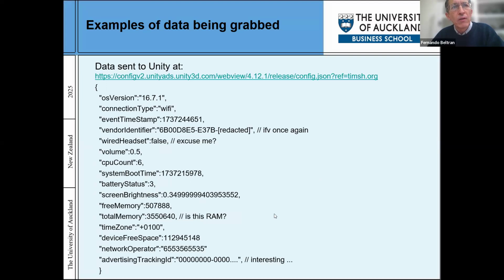He also found that it was Unity, the game company, that was receiving or asking for that data, which seemed strange to him until he found that Unity is a big player, and actually Unity has a branch called Unity Ads. And this is, again, another format for another example of data being retrieved from his phone.